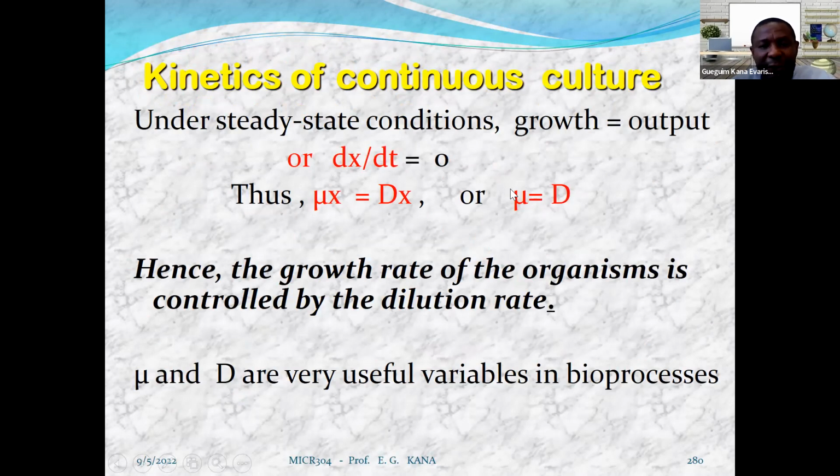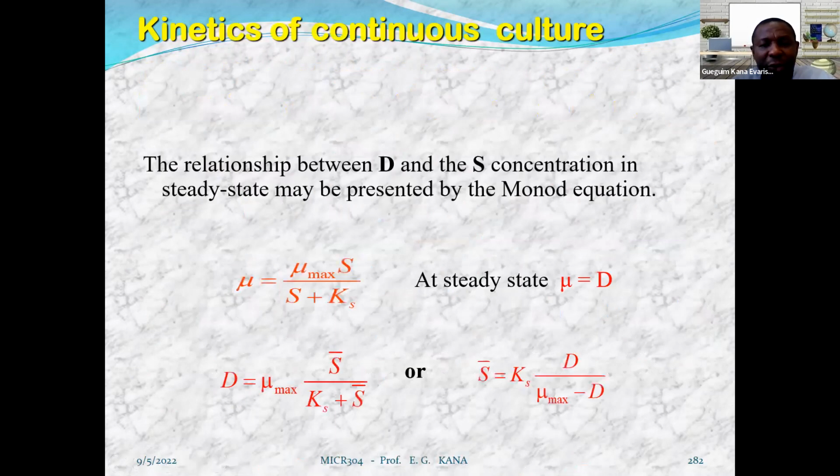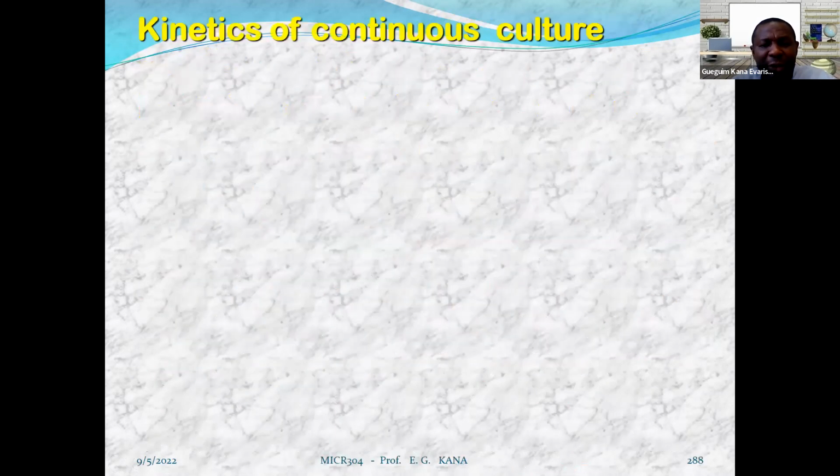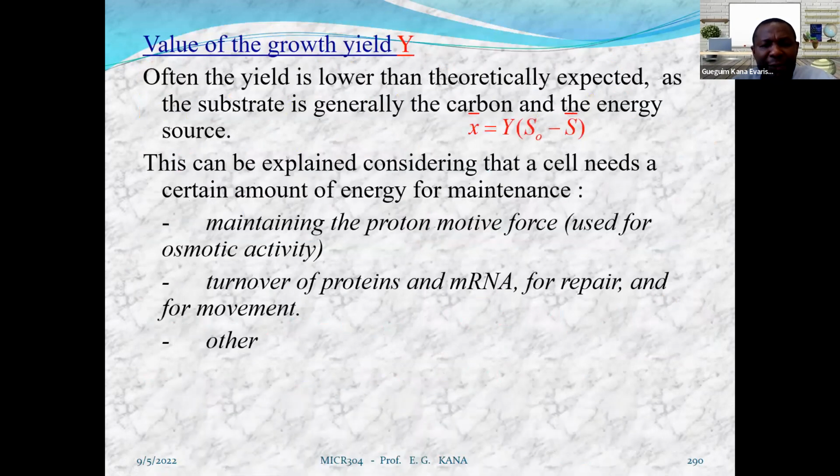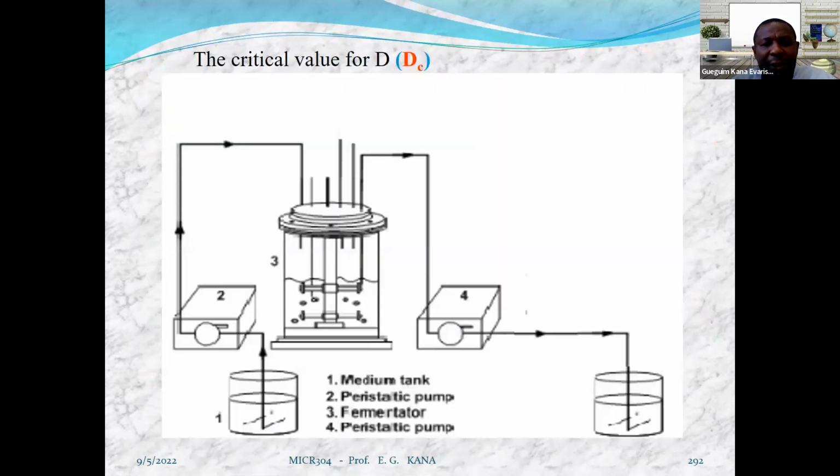We agree that we can increase the specific growth rate in this system by playing around with the dilution rate. But there is a point at which it would no longer be possible to continue increasing the growth rate of the cells by playing around with the dilution rate.